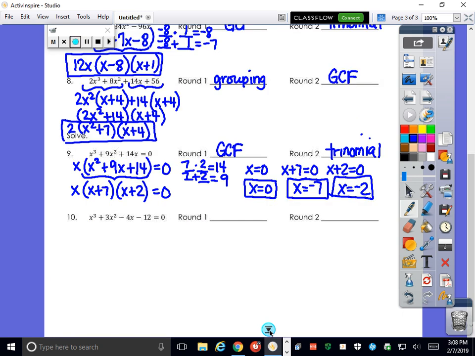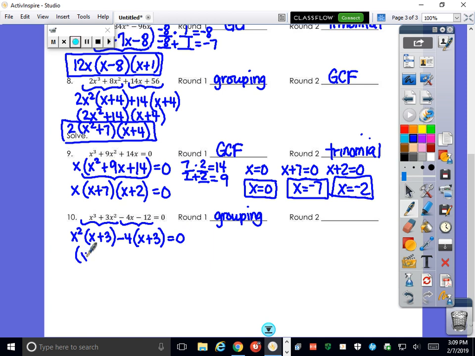Okay, last one. We're going to use grouping in round 1. So these two have an x squared in common, leaving us with x plus 3. These two have a -4 in common, leaving us with an x plus 3.